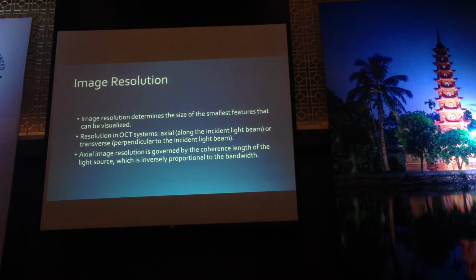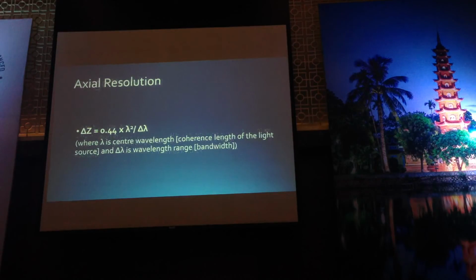But it's the same thing for image resolution in OCT with this equation. This is the equation for axial resolution. It looks complicated, but I think it's easy for you to understand. Delta z, which is resolution, equals 0.44 times lambda squared, where lambda is the wavelength that we use.